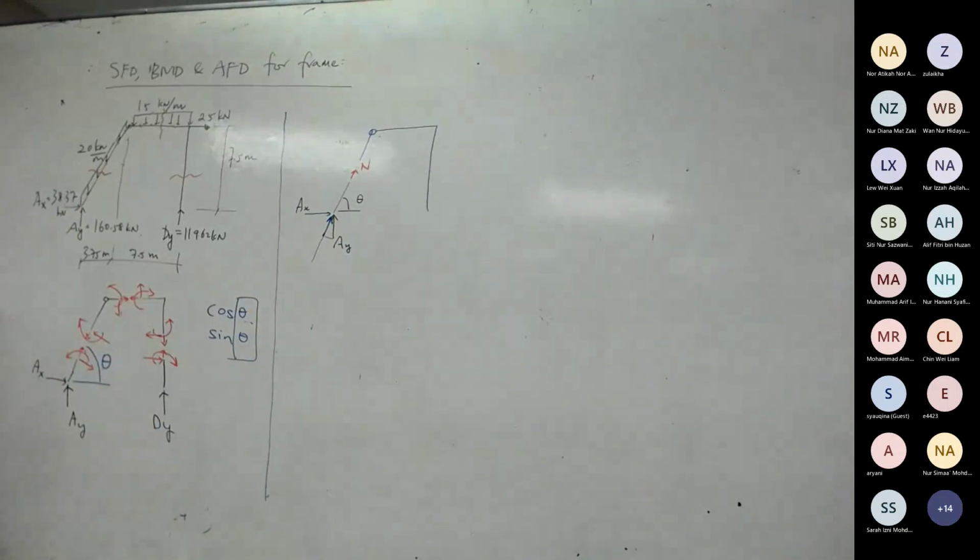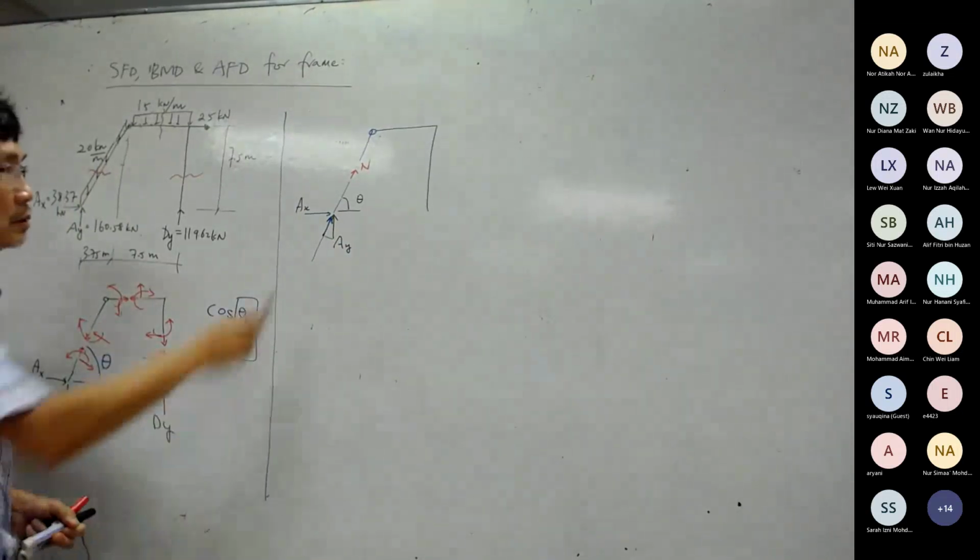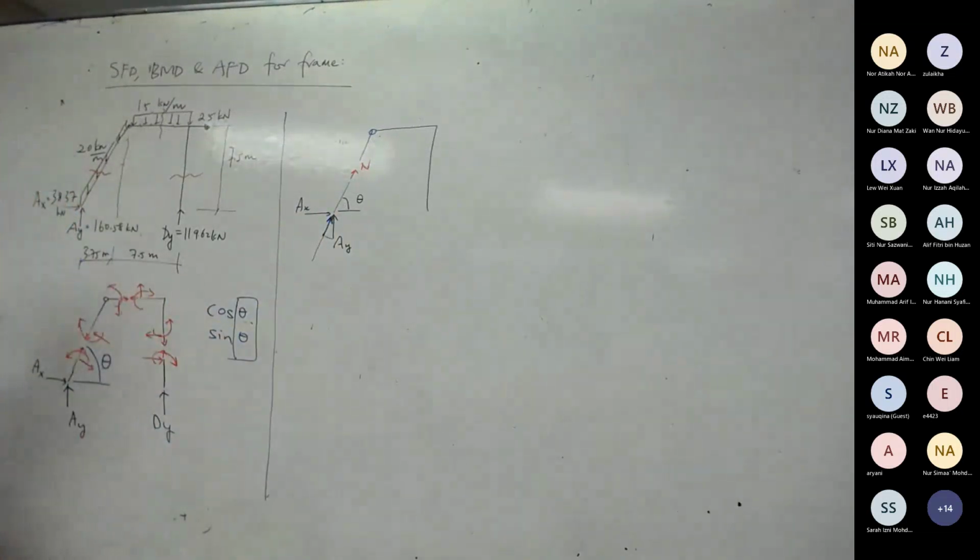Need to get that component. So how to get that component? You need to relate to this angle.